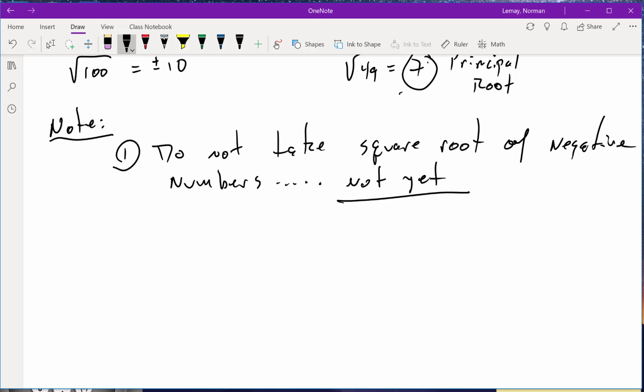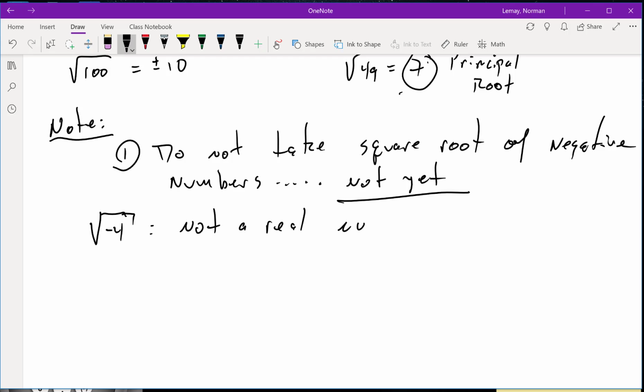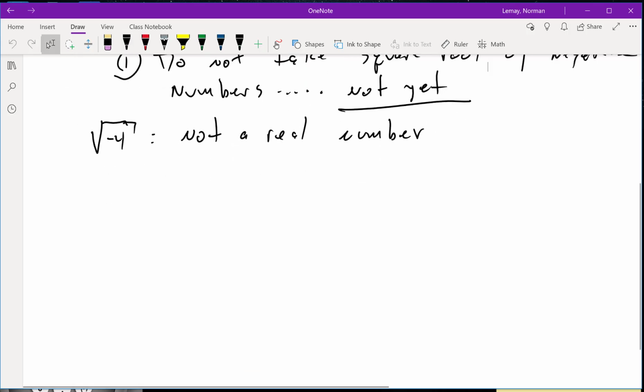Technically, the square root of negative 4 is not a real number. So we do not take square roots of negative numbers, at least not yet.